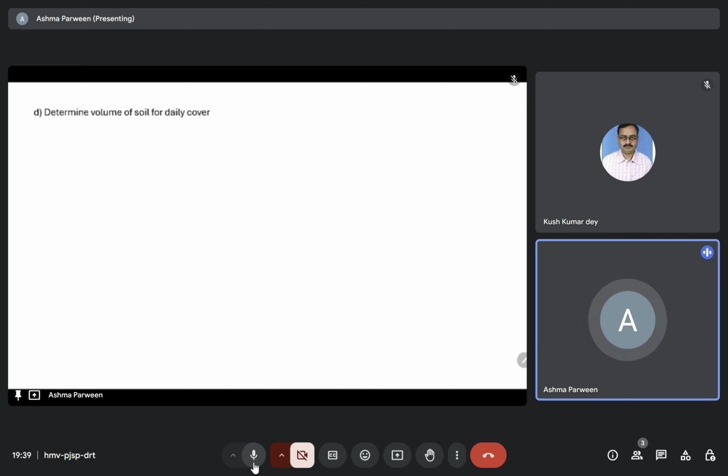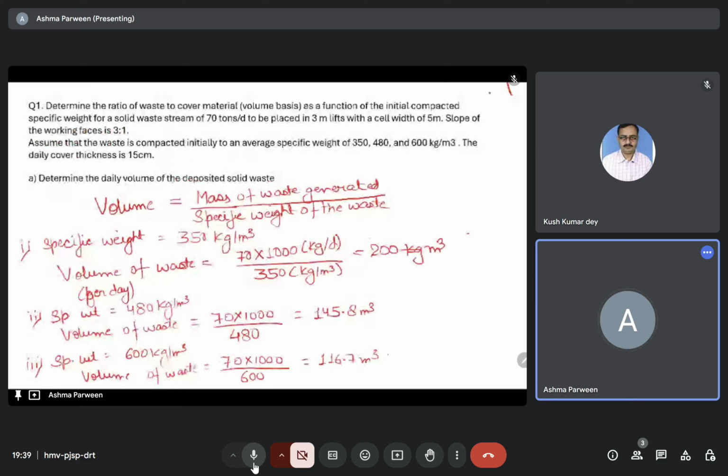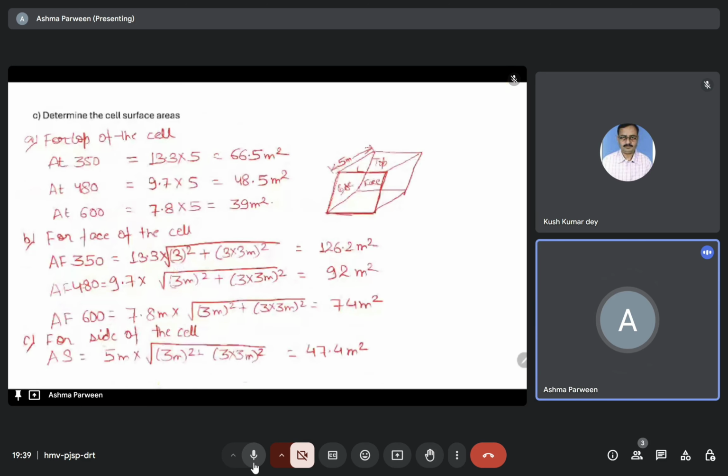So we have to find out the volume of soil for daily cover. So the daily cover thickness is given as 15 centimeter.